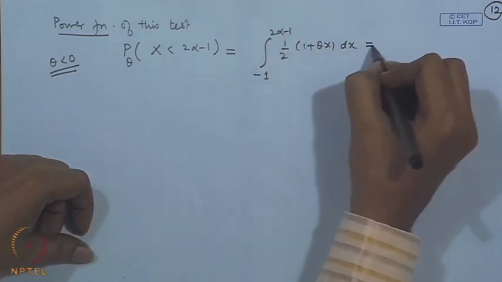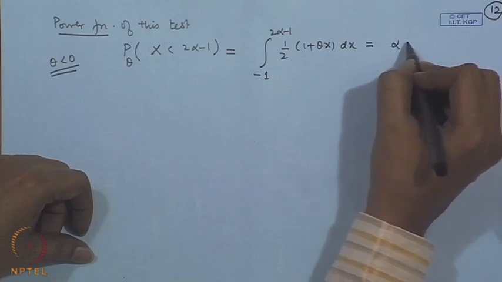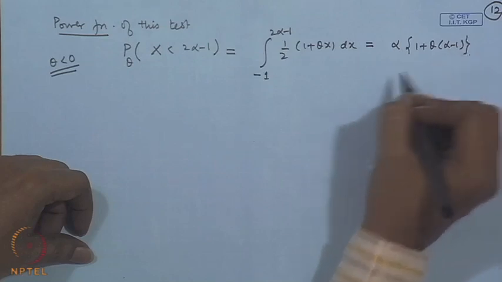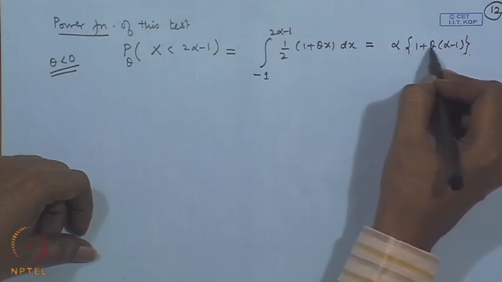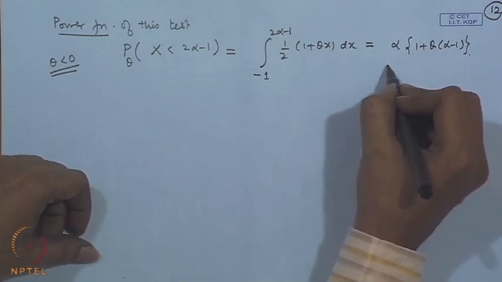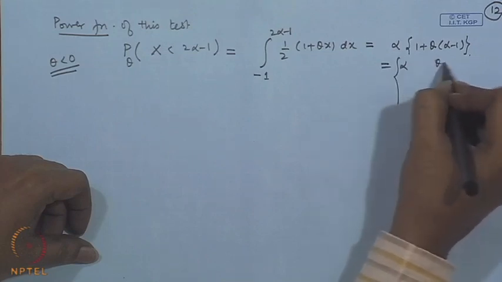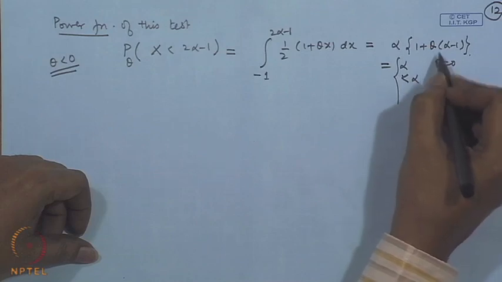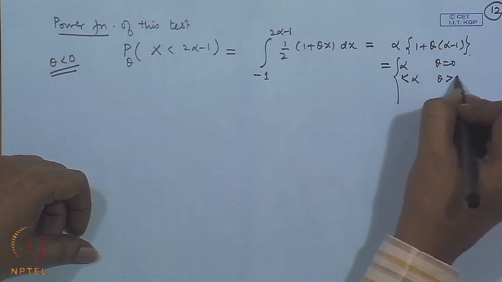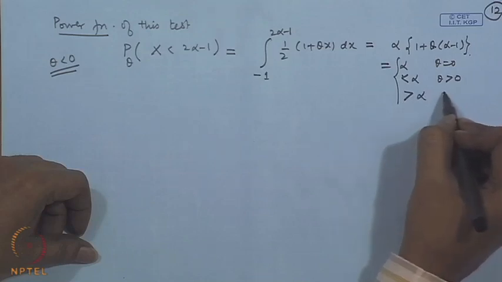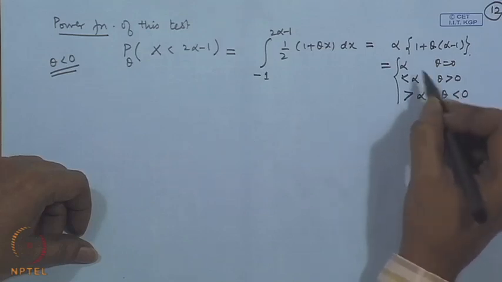So, after simplification this value turns out to be simply alpha into (1 plus theta into (alpha minus 1)). So, actually you can see at theta is equal to 0, this is exactly equal to alpha. For theta greater than 0, alpha minus 1 is negative. Therefore, this value will become less than alpha, and it is greater than alpha for theta less than 0.